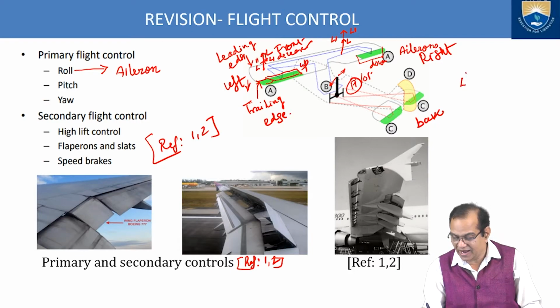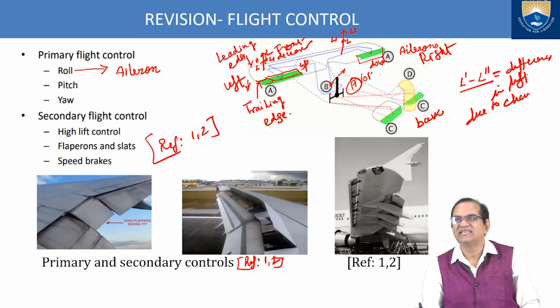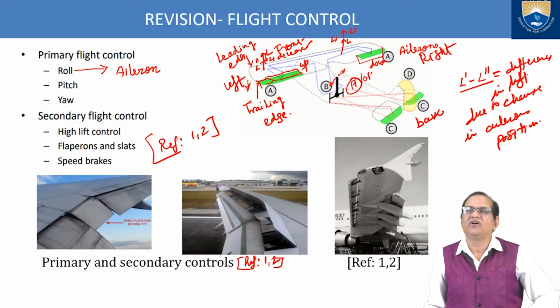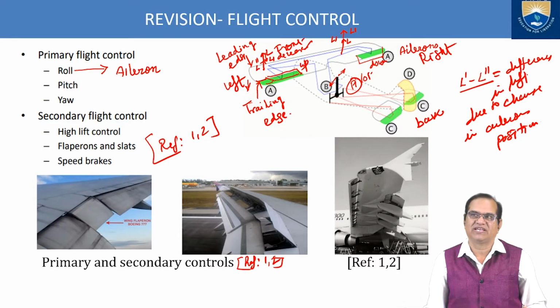So L prime minus L double prime is the difference in lift due to change in aileron position. I think it is very much clear now how these ailerons are working.